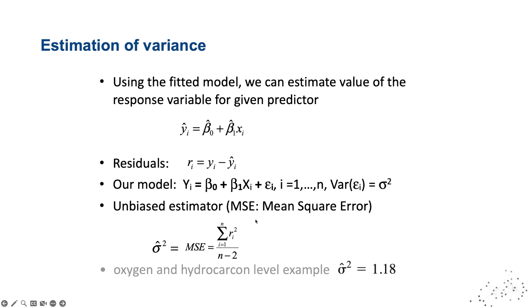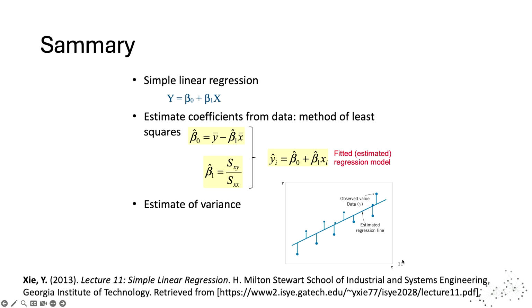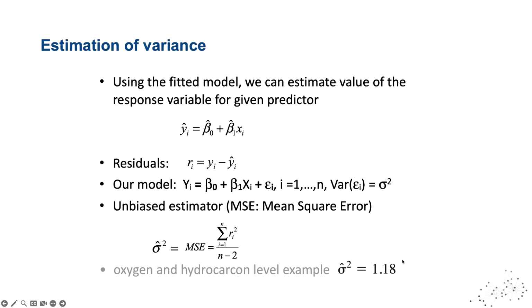For that purpose, we calculate the mean square error and divide by n-2, which gives us an unbiased estimator. So sigma square is equal to 1.18, and we might use this error in our linear model. This sigma square is actually the variance of error, which is equal to 1.18.